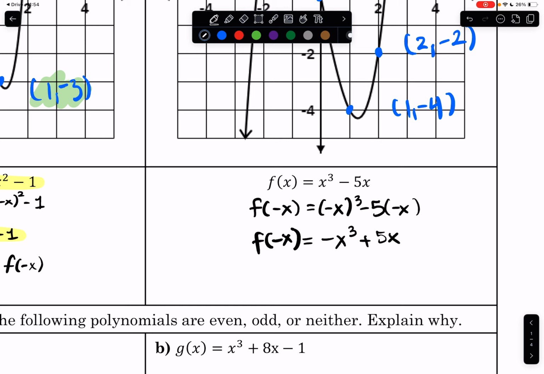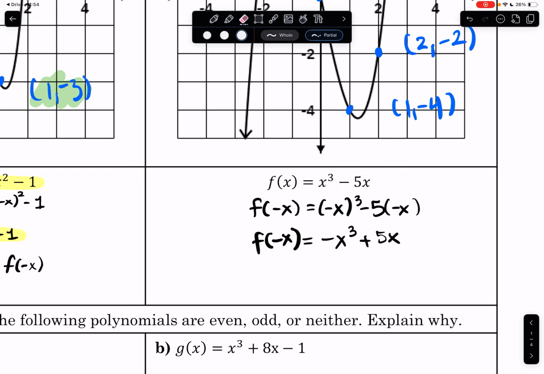Notice that these two equations are not the same. This had the x to the third power positive and the 5x term negative. Notice that they are the opposite values now. The first term is now negative and the second term is now positive.